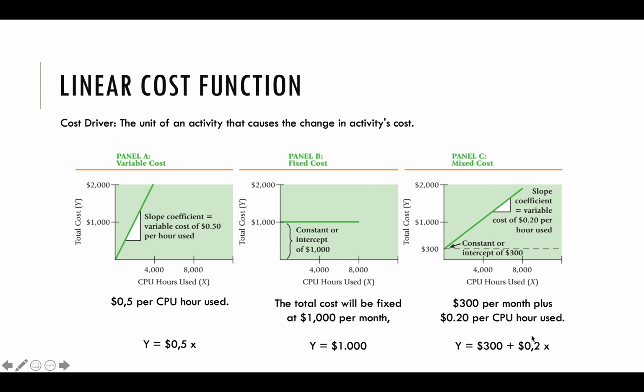So the function combines the variable and fixed cost, which is y, the total cost, equals $300, the fixed cost, plus $0.2 times x, which is the CPU hour use, as the variable cost. And we will learn further about the mixed cost in today's session.